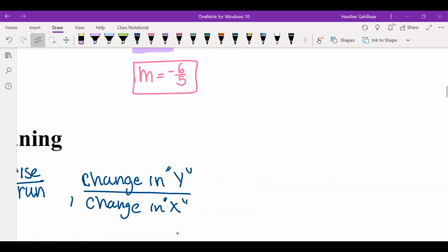Okay, we also talk about slope when we are looking at the slope-intercept form, right? So y equals mx plus b, right? And so that m is going to be the slope.